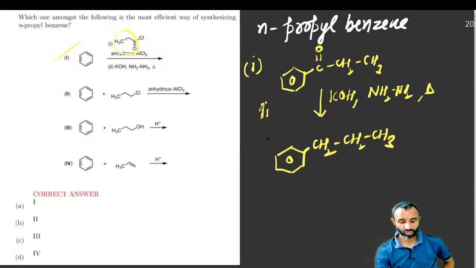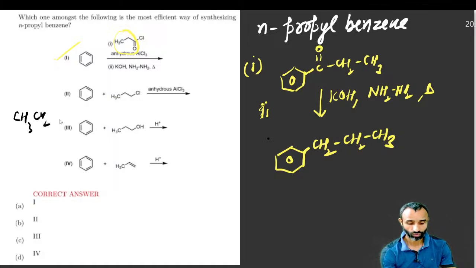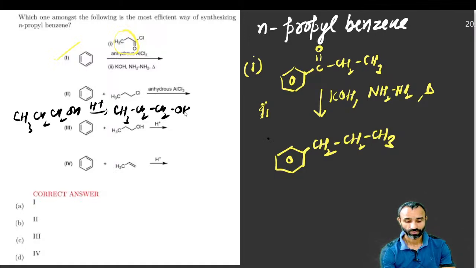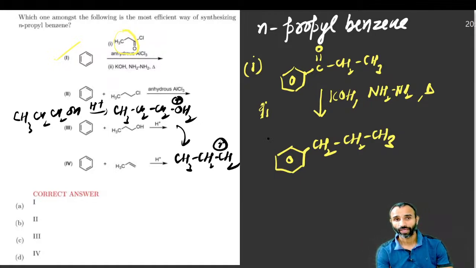In the next case, you can see we have again CH3, CH2, CH2OH. Yes, in the presence of H plus, first we get protonated alcohol, then this is removed, we get primary carbocation, and then it is rearranged to secondary.